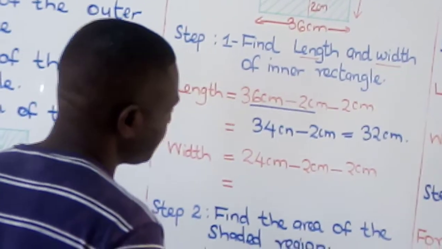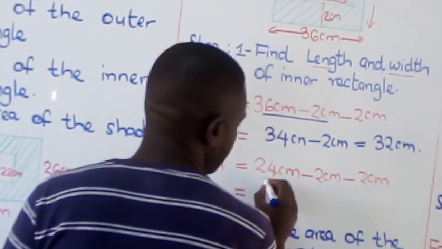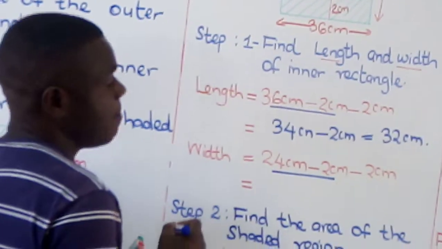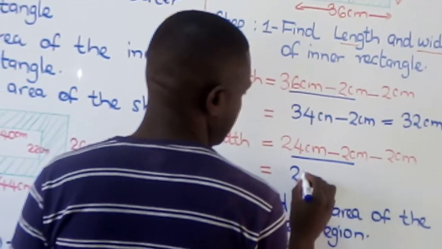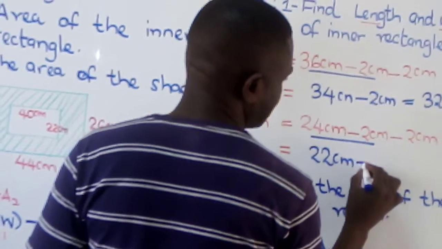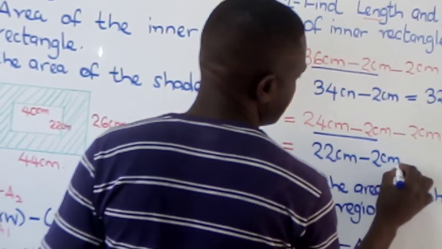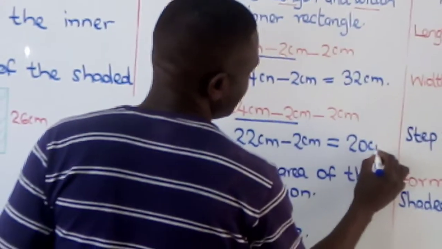Correct? And so, we subtract 24 minus 2, and we have 22 centimeters. We subtract that 2 centimeters, and we will have 20 centimeters.